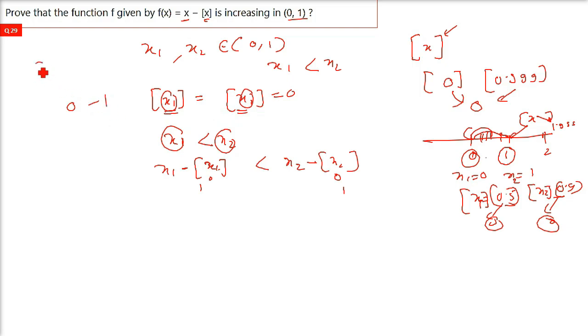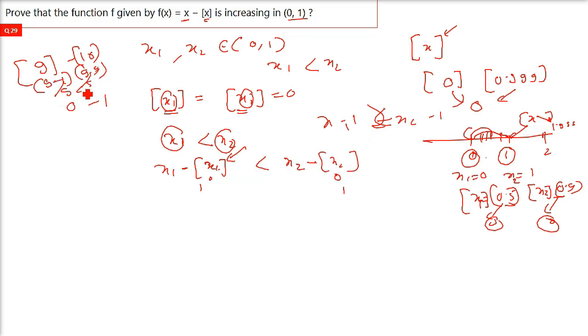So that is why the greatest integer function of x1 and x2, which are between 0 and 1, will always be 0. If you take 9 and 10, and I take the greatest integer function of 9.1 and 9.9, it will always give you 9. That is why these greatest integer function values are not different. They are actually equal. So you can subtract an equal number from x1 and x2. That is the logic. I hope you got the idea.